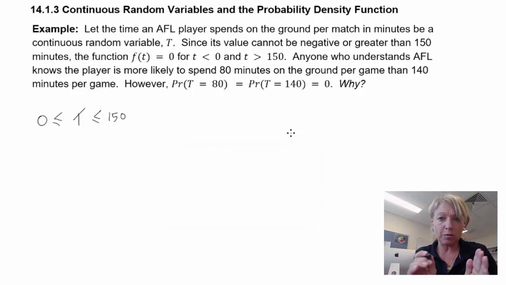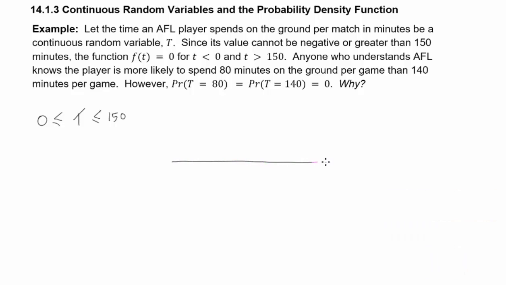It's easy to explain if we consider the continuous random variable on a number line. So if this is the number line representing time t, the probability of t equaling 140 minutes and the probability of t equaling 0 is here.